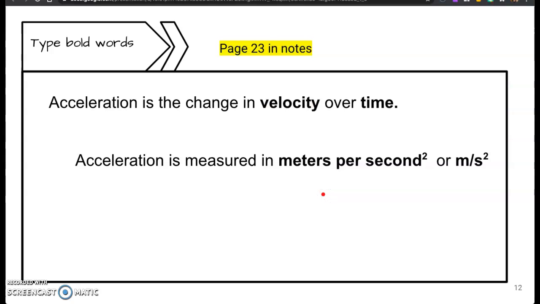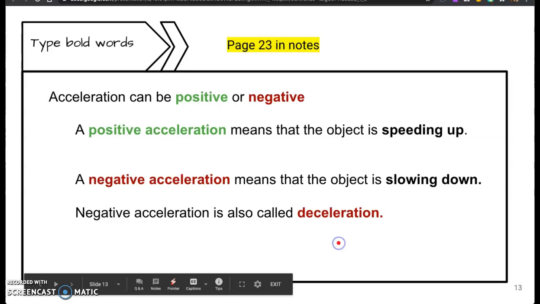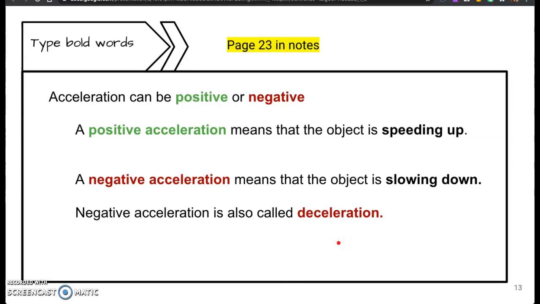All right, so a reminder, acceleration is the change in velocity over time. Now, acceleration is measured in meters per second squared, or for a shorter version, m/s². Acceleration can be positive or negative. A positive acceleration means the object is speeding up. That's usually how we use the term accelerate.